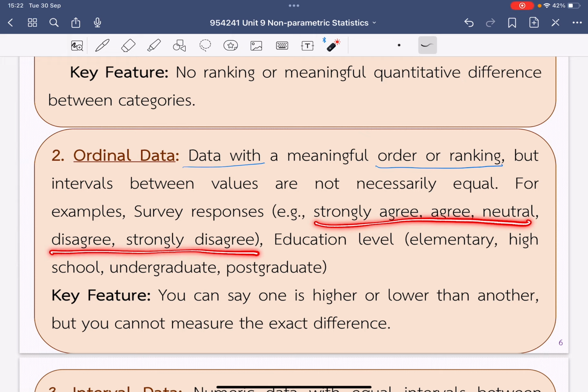Or education level, you can rank them: elementary is the lowest, and then high school, undergrad, postgraduate, something like that. So there are categorical data that can be ranked. And the key feature is that you can say one is higher or lower than another, meaning you can rank them or arrange them in order. We call this ordinal data.